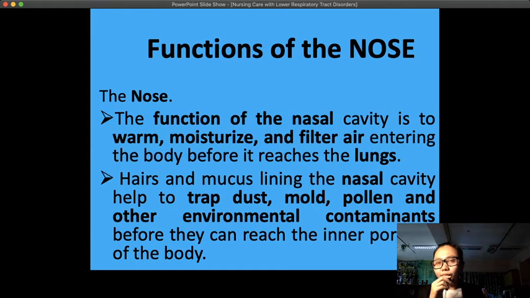Okay, so hindi lang yan, sometimes there are people that don't like having their nose being hairy, but those hairs are the ones protecting your lungs, protecting your respiratory system from the dust, mold, pollen, and anything in the environment that may contaminate our respiratory system.